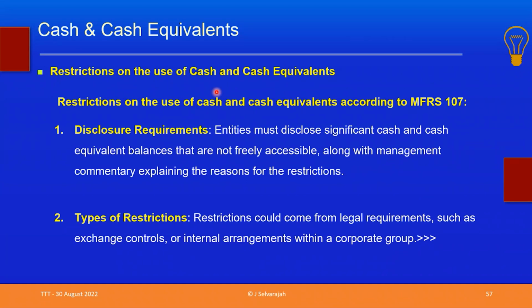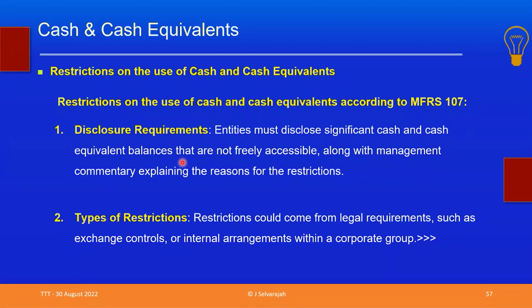Now, restrictions on the use of the term cash and cash equivalent. Restrictions require disclosure. Entities must disclose significant cash and cash equivalent balances that are not freely accessible, along with management commentary explaining the reason for the restriction. So you must always say why.